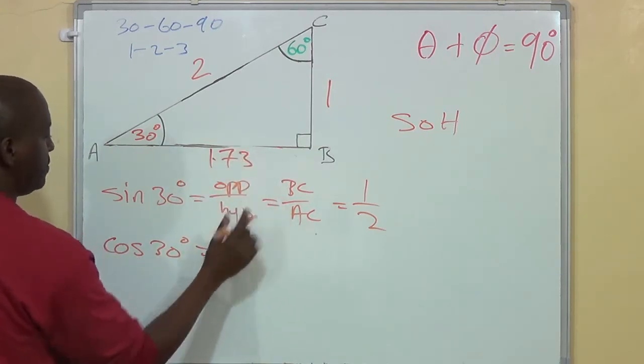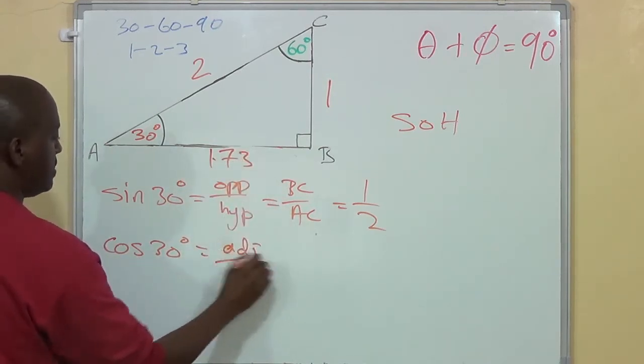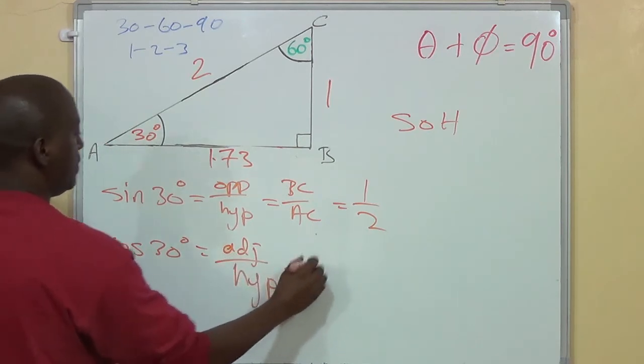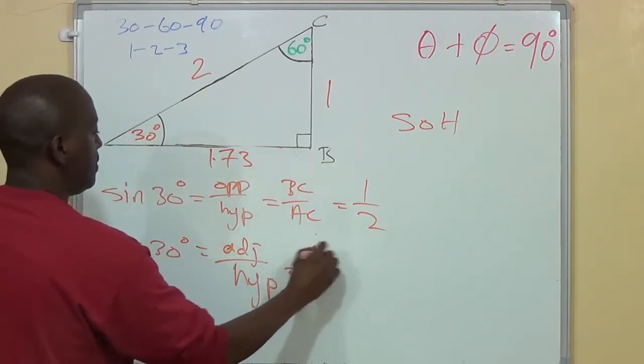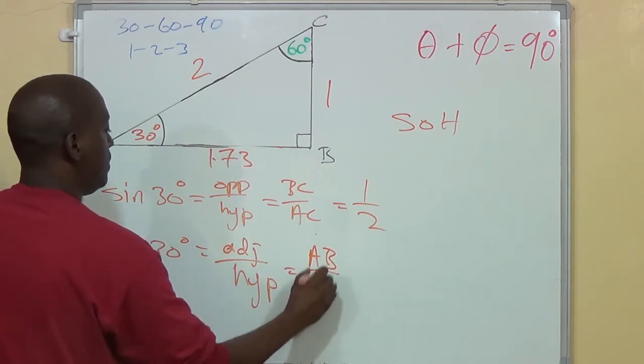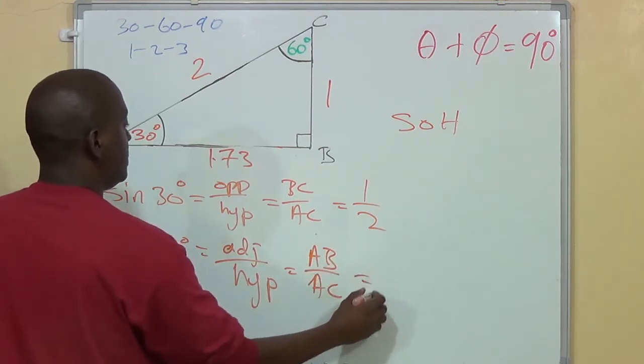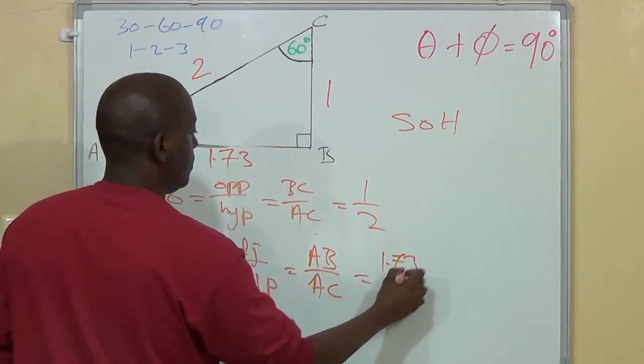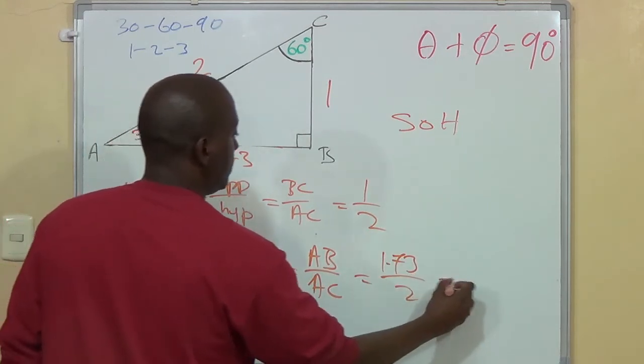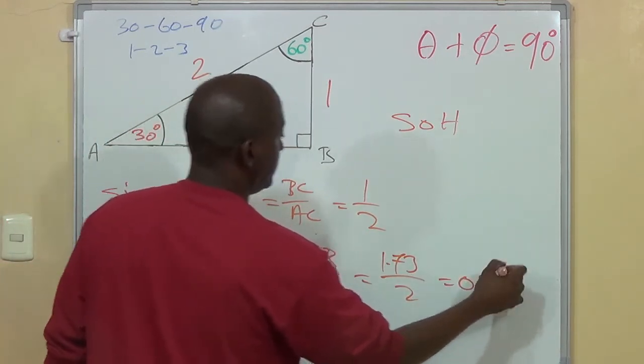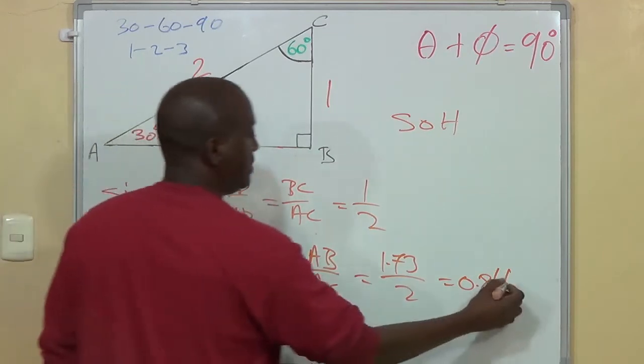Let me write the ratios first. Adjacent over hypotenuse, which is AB over AC, which is equal to 1.73 over 2, which is equal to 0.866. Again, to 3 significant figures.